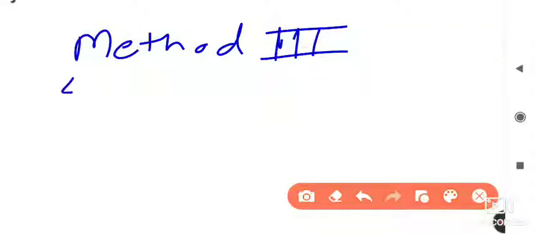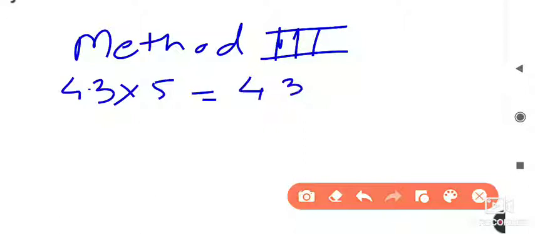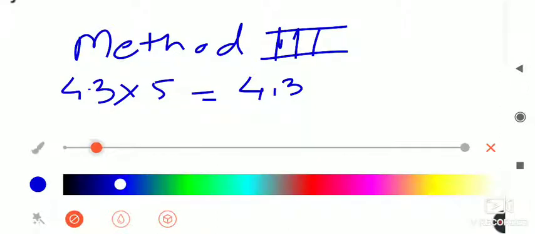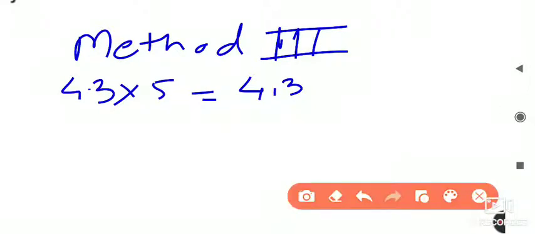What is the question given here? 4.3 into 5. So without the decimal you just do the multiplication. What will come here? 43 upon 10, otherwise 4.3 into 5. We have to do the multiplication.